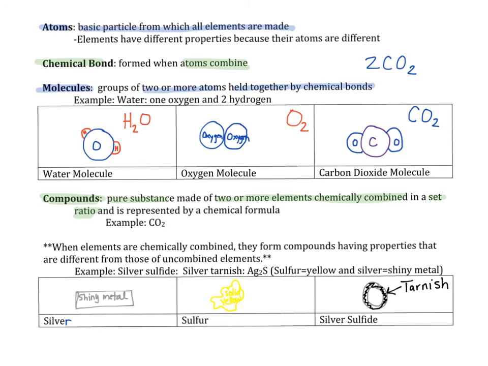Looking back at this picture, there are 3 atoms in here, 2 oxygen and 1 carbon. So is it a molecule? Yes, because it has 2 or more atoms. Is it also a compound? Yes, because it has 2 elements, 1 carbon and 2 oxygen, which makes it a compound. We will continue with this in our next lesson.